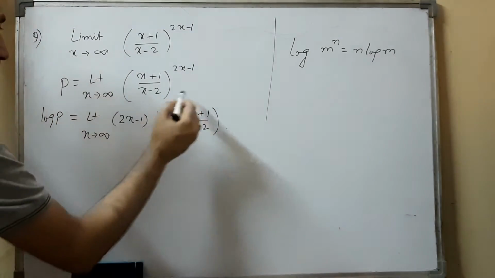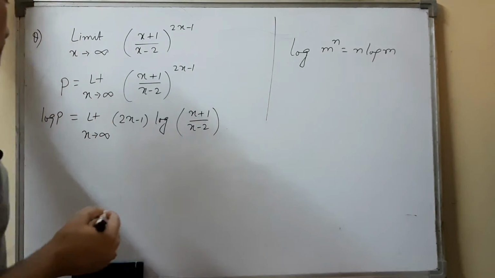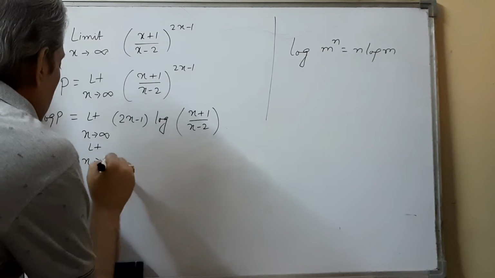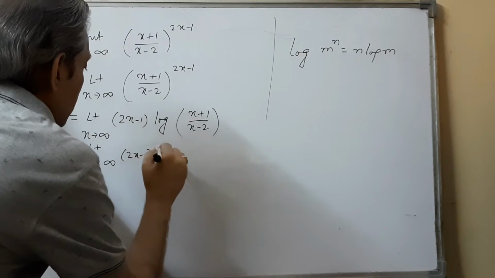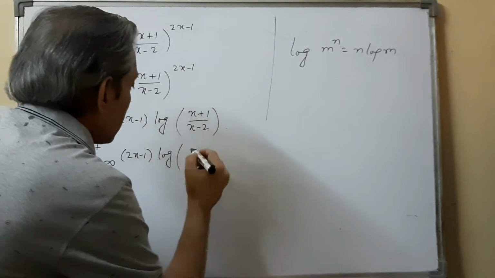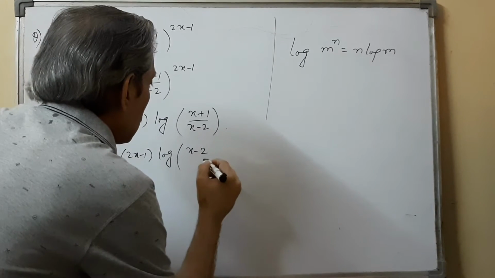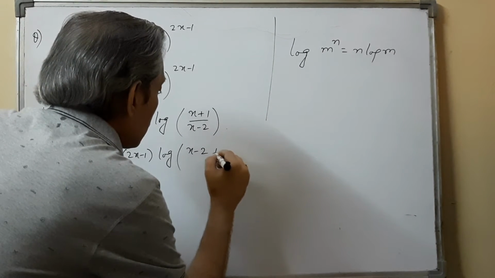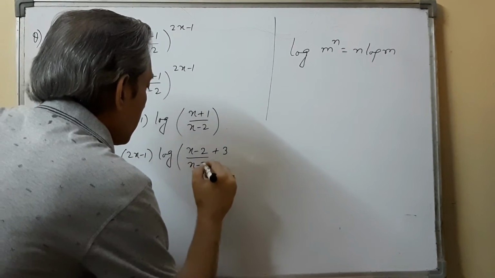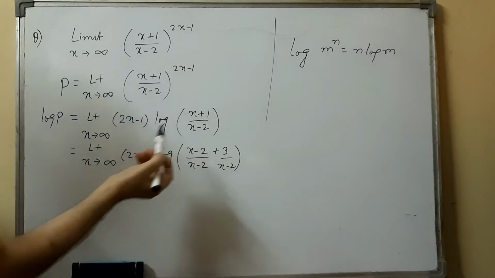So now I am going to expand this by using log 1 plus x, and for that a little bit transformation is needed. This thing we can write this as x minus 2 plus 3 upon x minus 2, so we can write this as this.